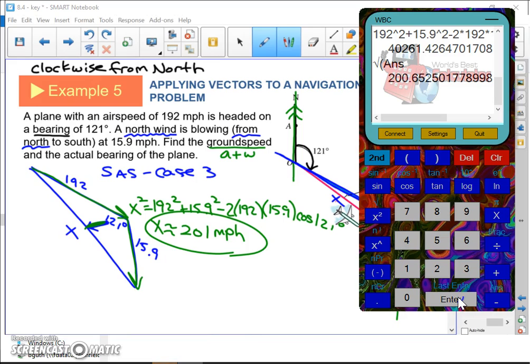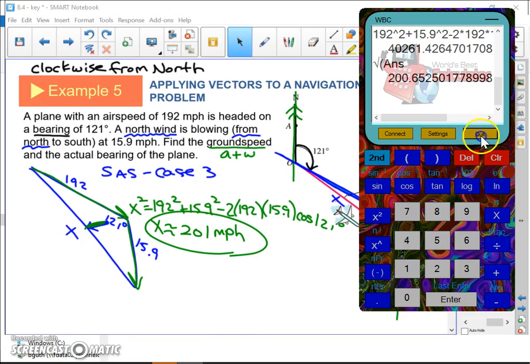The wind is helping it along just a little bit. I know it's blowing it to the right, I guess, but it's pretty much pushing it. And so you're going to have a number that's greater than 192. If the wind was in the face of the plane, it would be a number that was less than the speed of the plane, 192. But in this case, the wind is helping a little bit. And so its ground speed is 201.